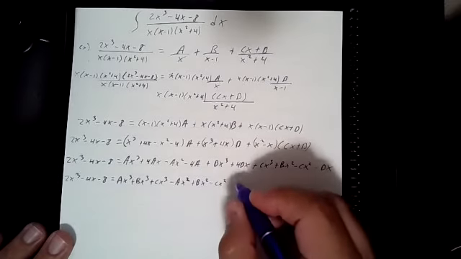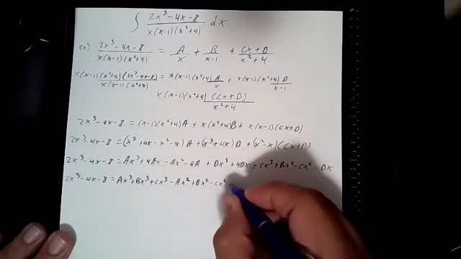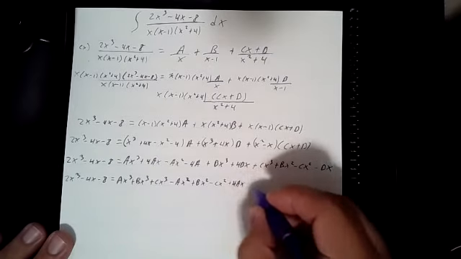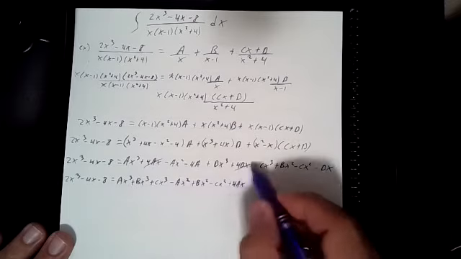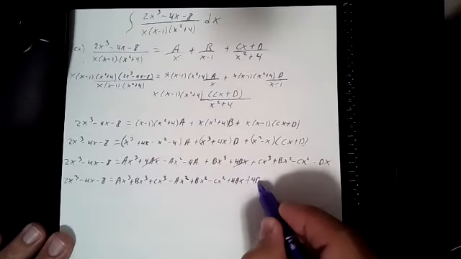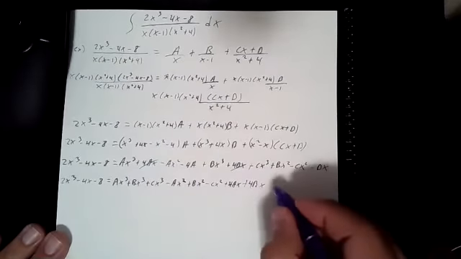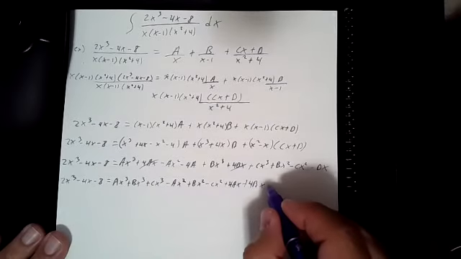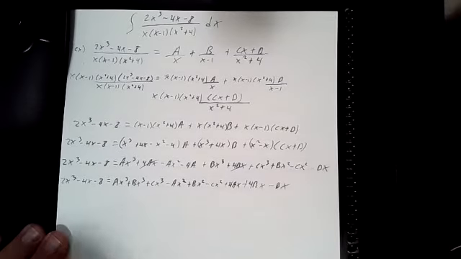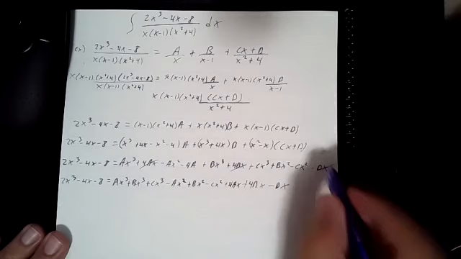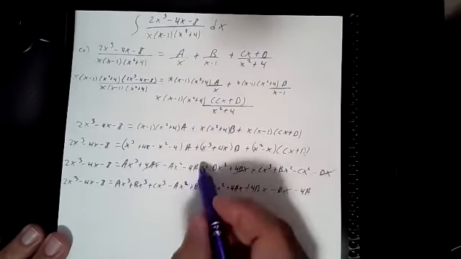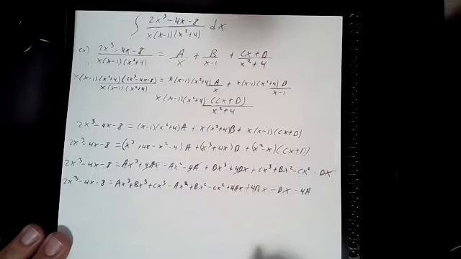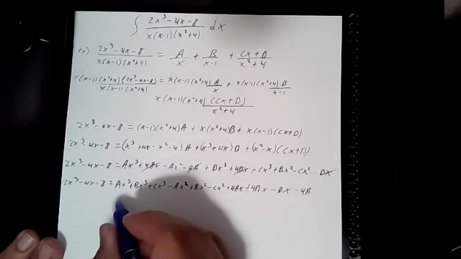Now, the constants go, oh no, the x's go next. 4Ax, I'm gonna start crossing them out. 4Bx, minus Dx. Yeah, that's all of them, right? And then the constant, it's just that one, I think. Yeah.